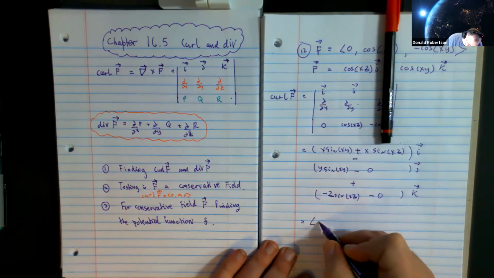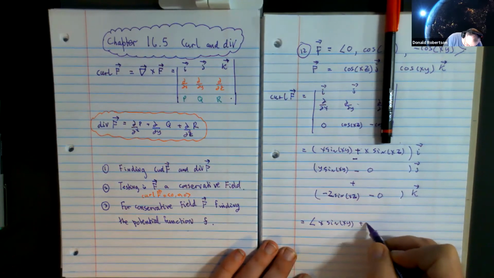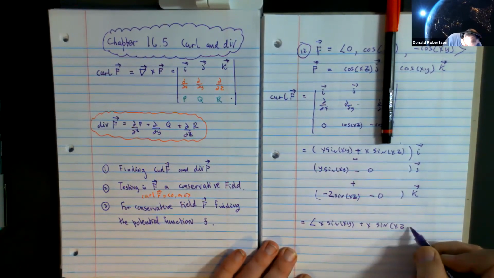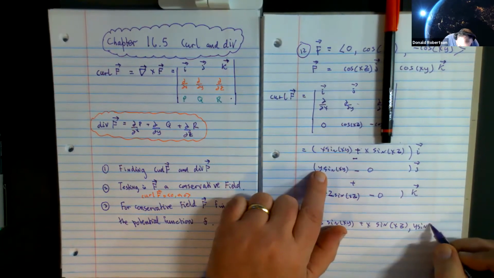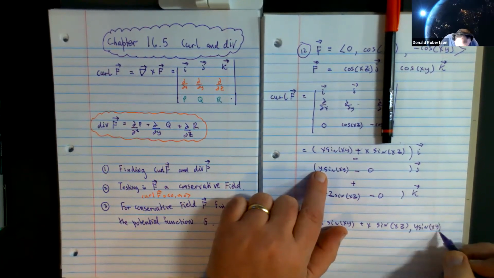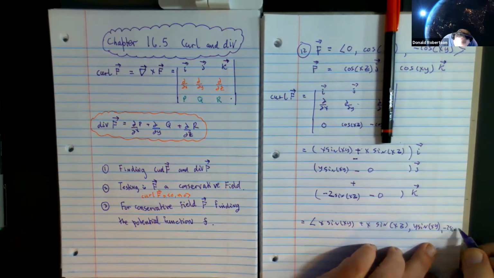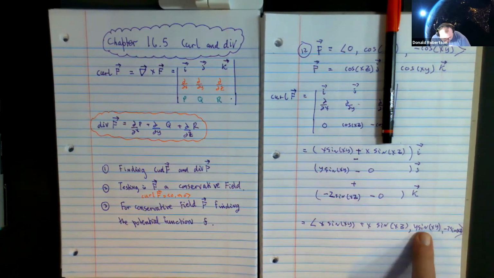So the answer is x sine xy, plus y sine xy, and I made a mistake there, but I can fix it, and negative 2 sine of xz. What's wrong with that middle term?